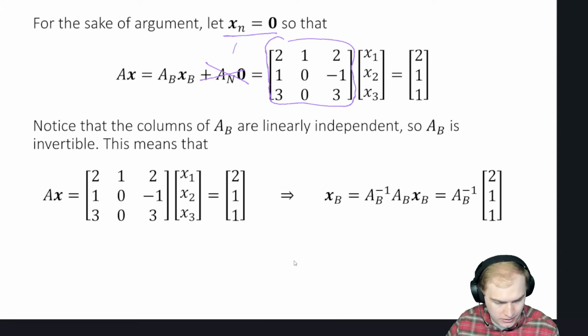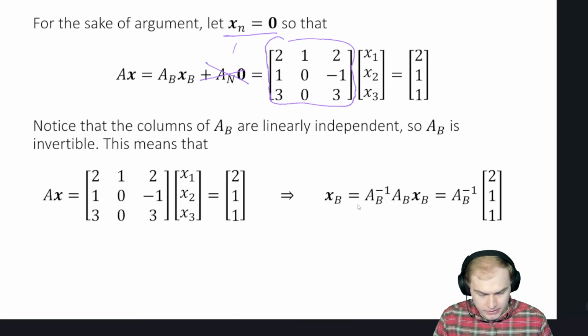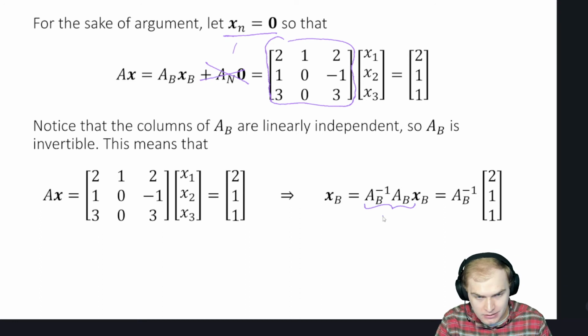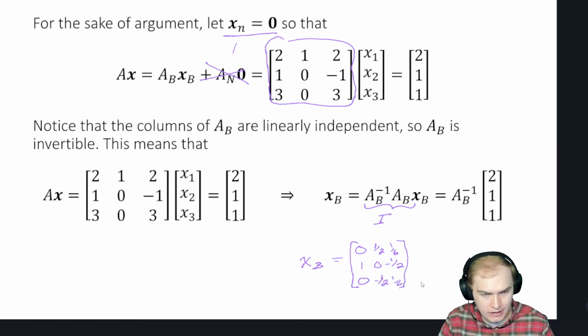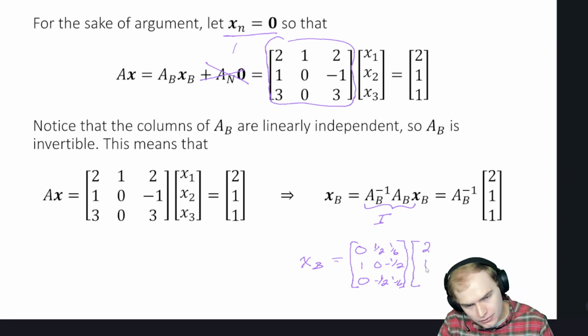I'm sort of behind on my notes. So AB inverse times AB is just the identity matrix. So this whole term is just going to be xb equals 0, 1/2, 1/6, 1, 0, negative 2/3, 0, negative 1/2, and 1/6 times 2, 1, 1.